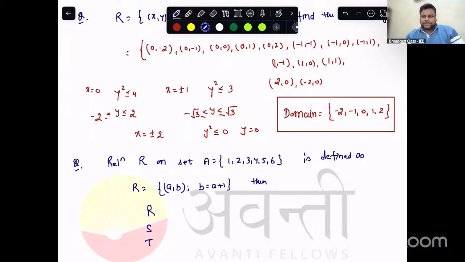First of all, find the relation and then tell me if it is reflexive, symmetric, or transitive.